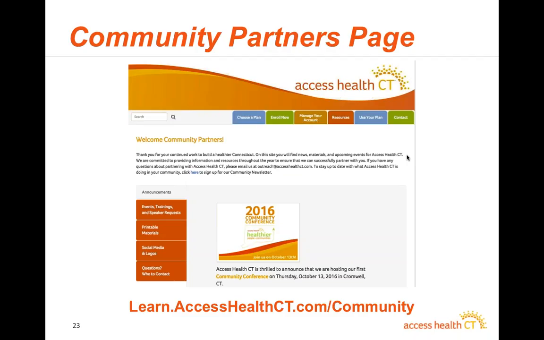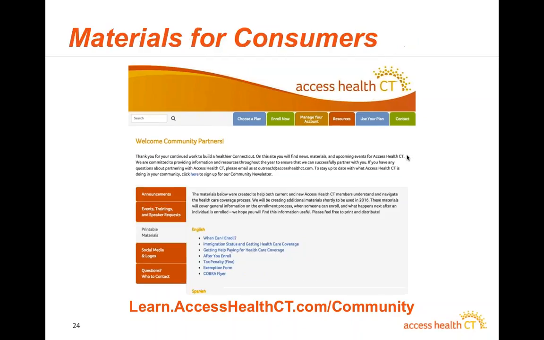Over this past year, we've developed a new community partners website, which I think is really helpful. The address is learn.accesshealthct.com/community, and there's all kinds of resources on here. For example, we'll have our events, trainings, and speaking requests. If you want to invite us to an event, you can do that.